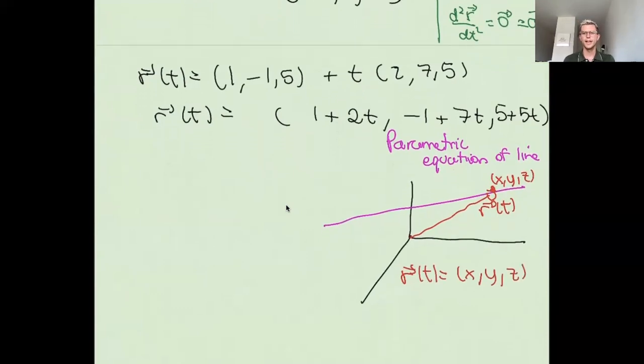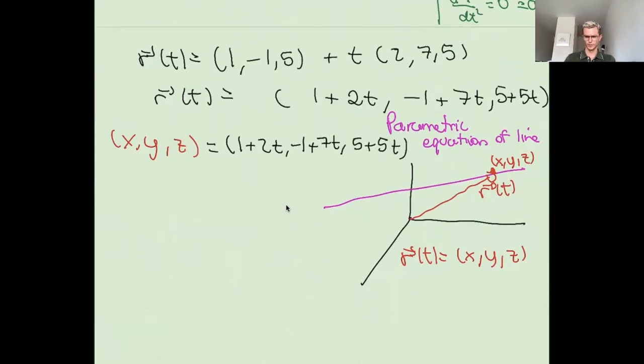That allows you to break this equation into three equations, because this is an equation between vectors, and secretly an equation between vectors is an equation between each of the entries. I haven't done anything magical right now.